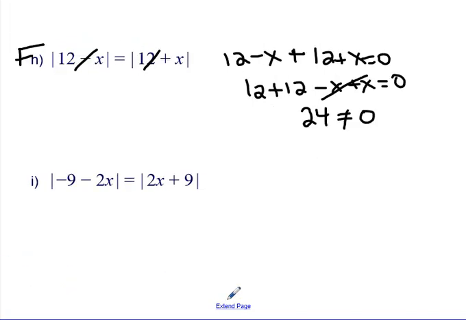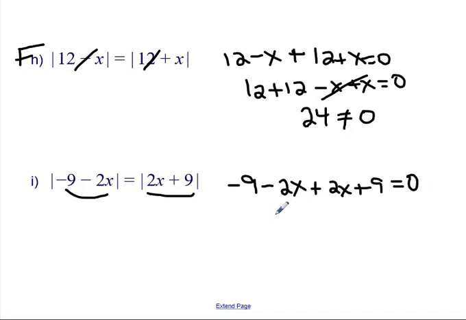Finally, let's test this example. The absolute value of negative 9 minus 2x is equal to the absolute value of 2x plus 9. Well, let's see if these are opposites. So that would mean that negative 9 minus 2x plus 2x plus 9 would equal 0 if they were opposites.